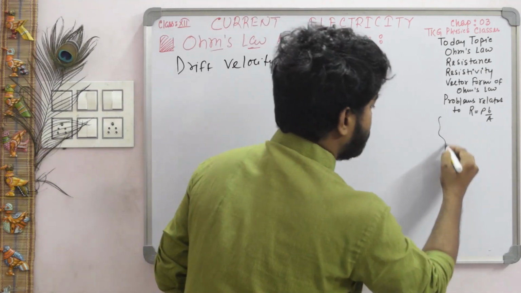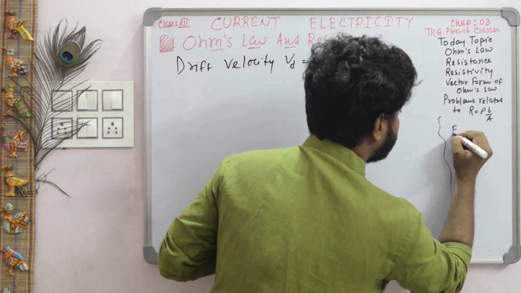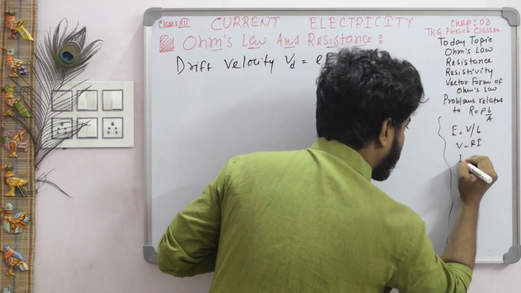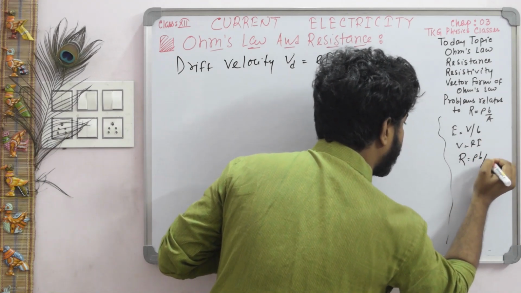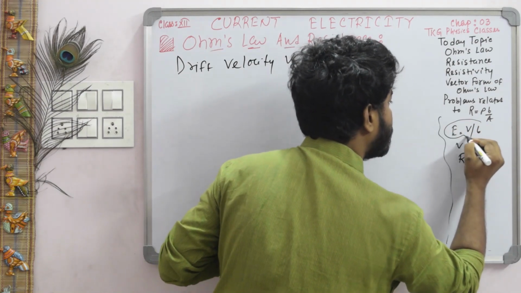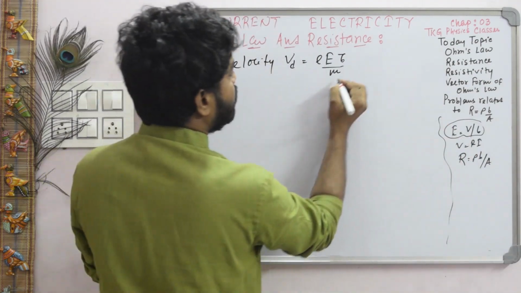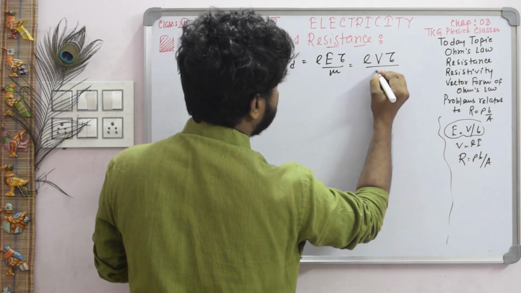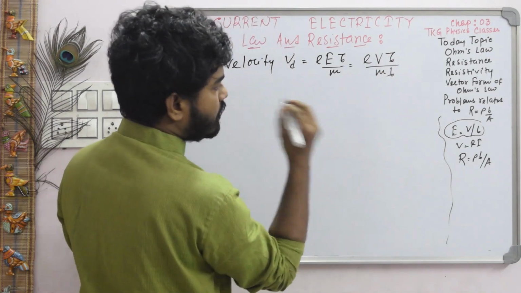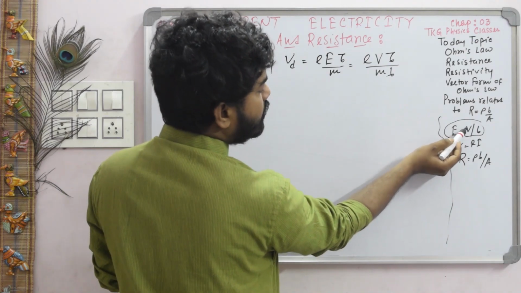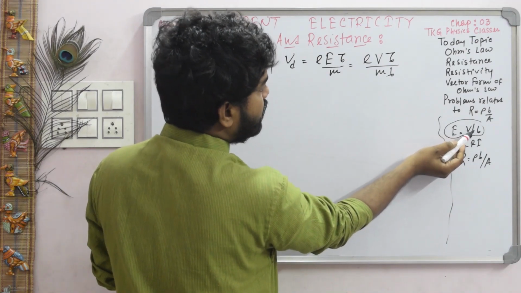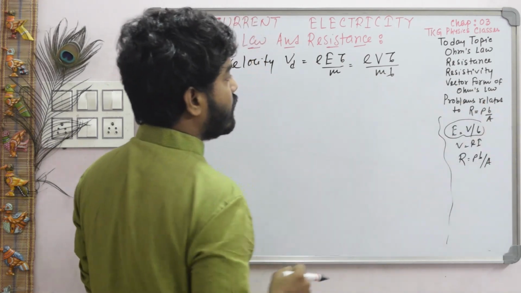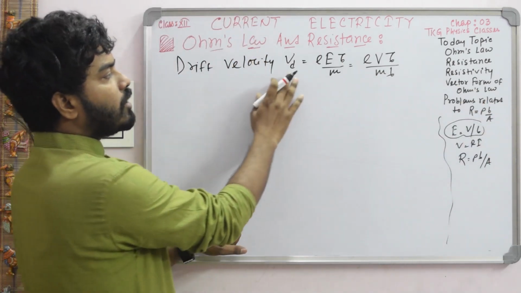Now you know these relations: E = V/L, V = Ri, R = rho L by A. So using these relations, what can we write here? You can write Vd = eVtau/(mL), because you know electric field is equal to dV by dr, where dV represents V and dr represents L. Suppose you consider a conductor of length L. So this is the expression of drift velocity.